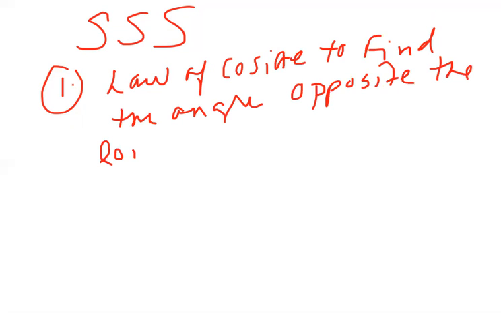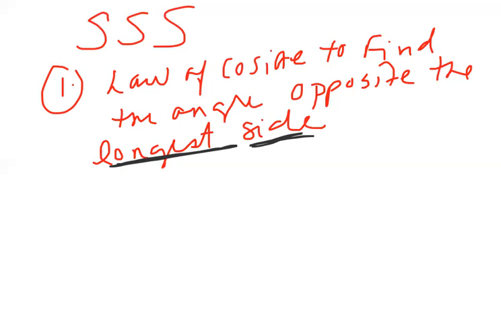Notice I'm saying the longest side, okay? And so you're basically looking for the largest angle. So you're finding the angle opposite the longest side. So basically that's the largest angle out of the 3. Okay, so that's step 1.